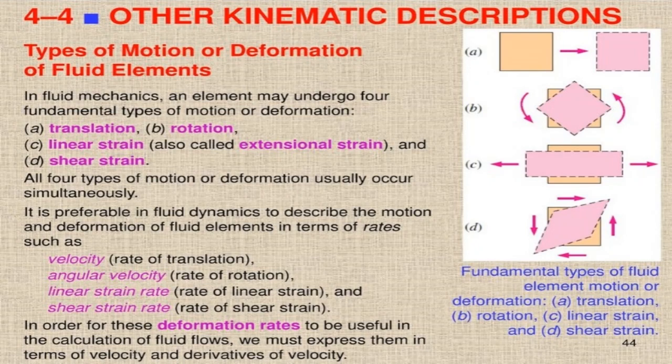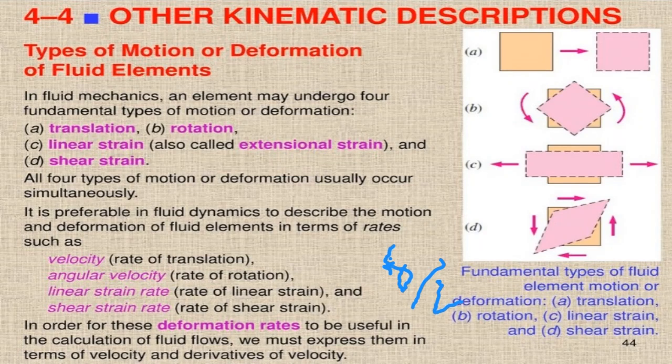The second rate of motion is the rate of rotation, which is angular velocity. If a fluid particle is rotating at a given, let's say, RPM or cycles per second, then we can say that it has an angular velocity. Then instead of linear strain, we deal with the rate of linear strain. In solid mechanics, remember that we used delta over L, which is the strain.